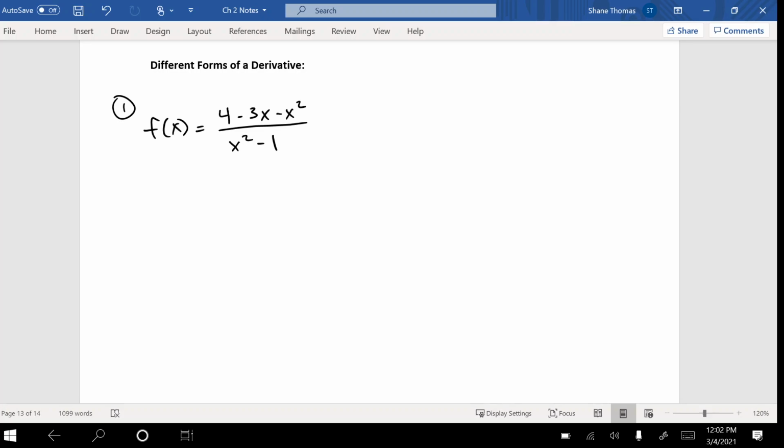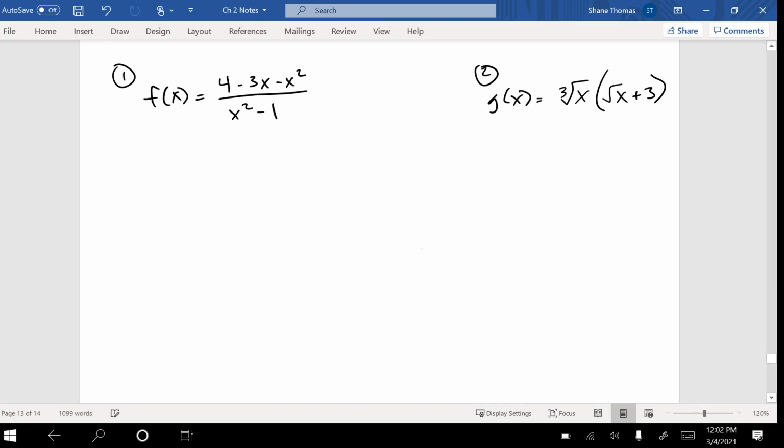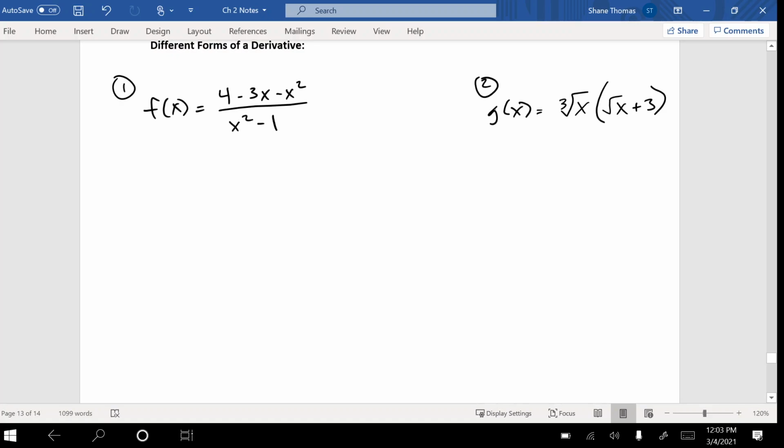That guy's going to be a quotient rule. Number 2 is going to be a product rule: the third root of x times root x plus 3. First one's quotient rule, second one's product rule, and then the third one is going to be a product rule as well.